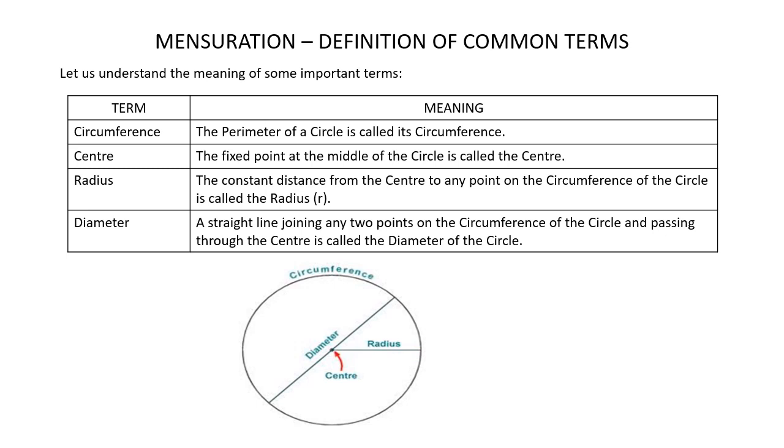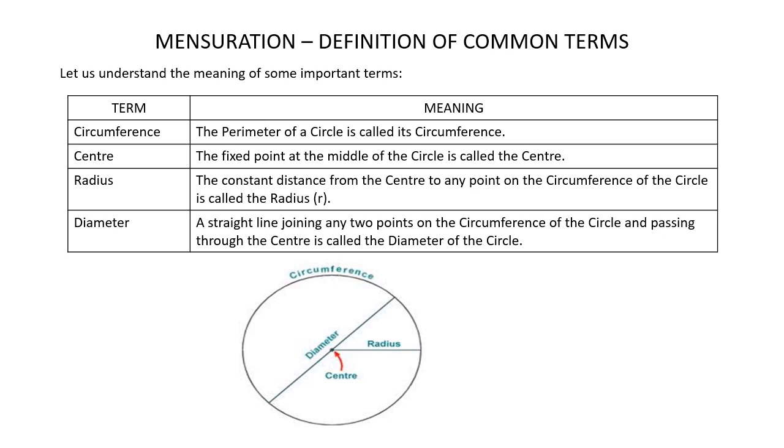Now if you consider this point on the circumference of the circle, then the distance from the center to this point on the circumference of the circle is also the radius. Now this distance and this distance is always constant.